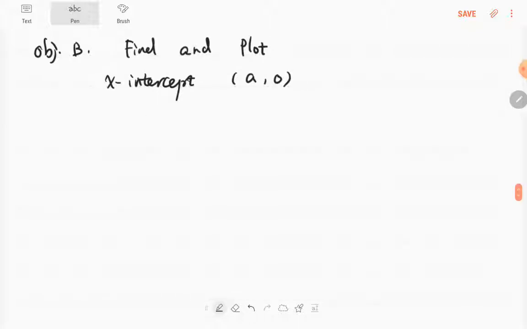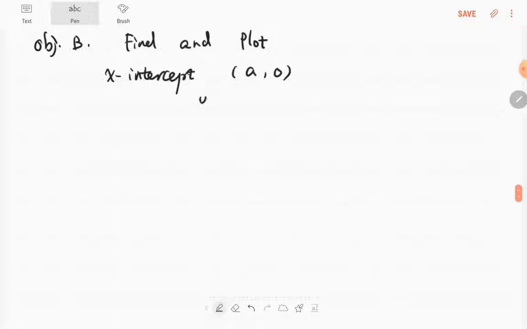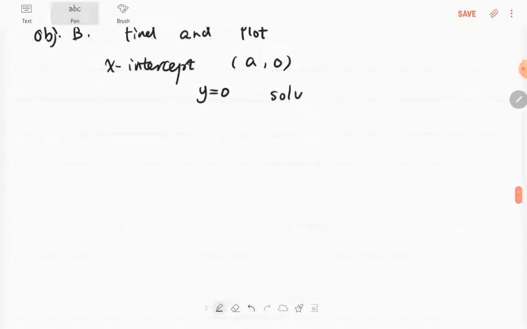So if we want to find the x-intercept, we just let y equal 0, then solve for x. Similarly, for the y-intercept, we know it should be (0, b), which means x is always equal to 0.